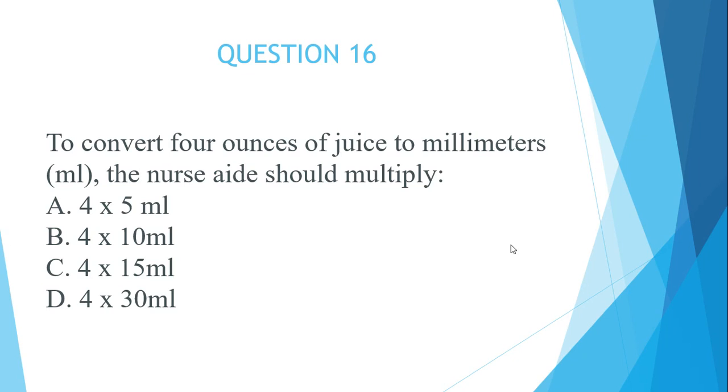So in a question like the previous one, the urine output can be in cc or it can be in ml, the same. 1 ml is equal to what? 1 cc.